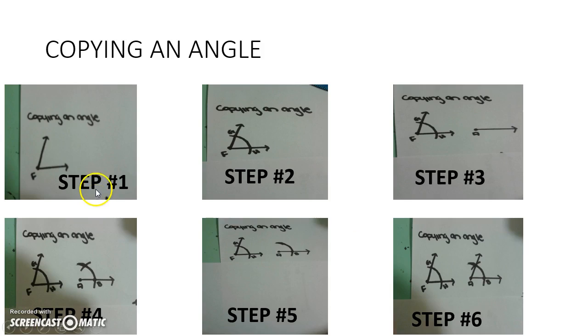Like copy an angle, you would first take your angle. You would make an arc from point F, and as you make an arc, it should intersect in 2 points, and I will label them point H and G. From then, you would take this other line, and without changing your compass, you would make the same arc as you did for angle F. And then you would measure point H to G, and without changing your compass, you would put your point from here and make an arc here.